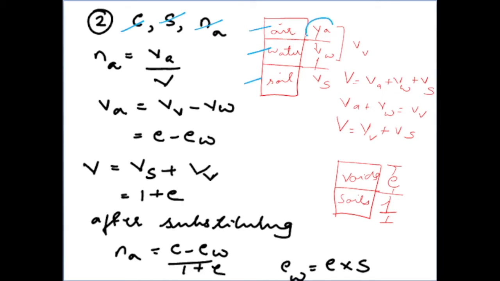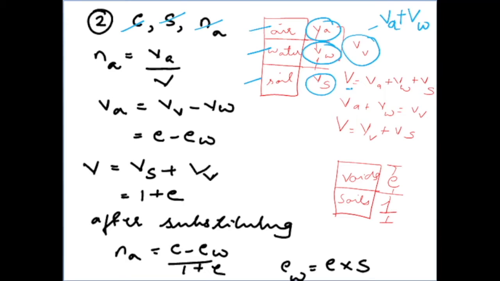So VA is nothing but volume of the air, VW is volume of the water and VS is nothing but volume of the soils. VV is nothing but volume of the voids. Okay, now voids are either filled with air or filled with water.